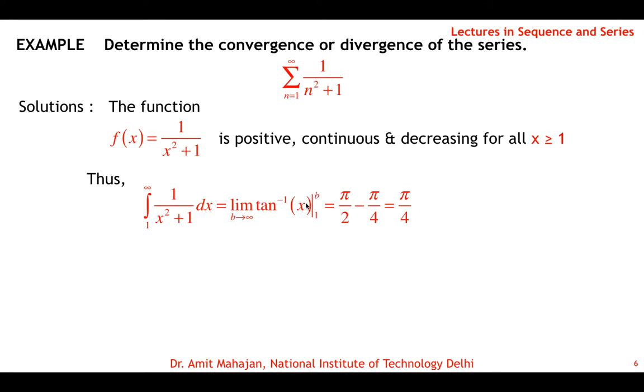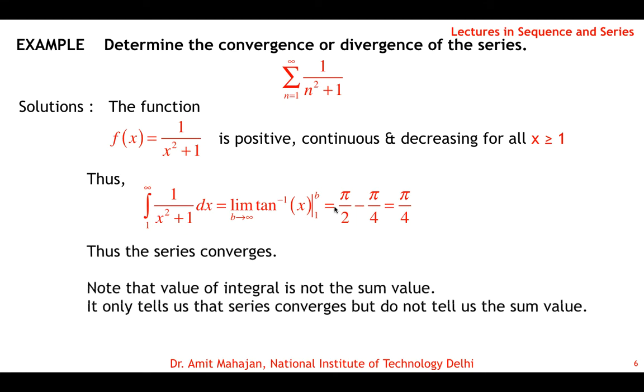So you can substitute the upper limit minus the lower limit, so tan inverse b minus tan inverse 1, and when b goes to infinity, tan inverse of infinity is pi by 2 and tan inverse 1 is pi by 4, so the value is pi by 4. And so this integral has a finite value. That means this series also has a finite value, so this series converges.